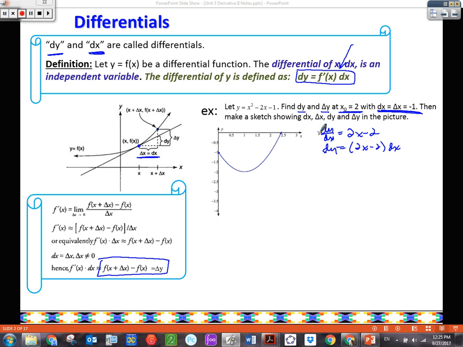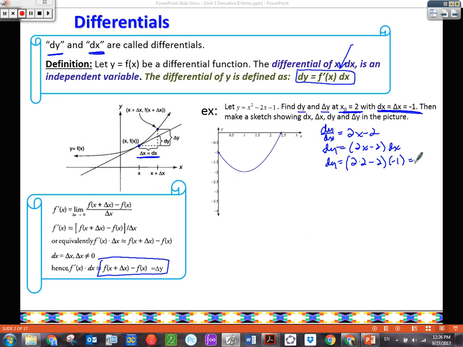Okay, so what does that mean to us in this picture? So let's pull that apart. We're told that x is 2. So we're looking for a specific dy. So x is 2, so 2 times 2 minus 2. Okay, I'm plugging the number into my formula that I just found. My dx is a number. dx is negative 1.